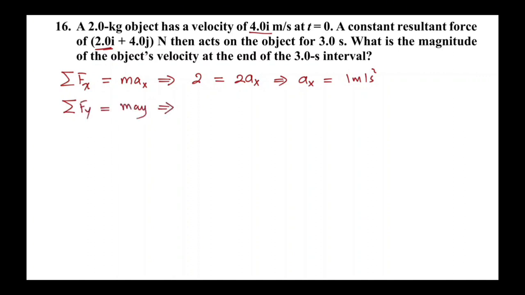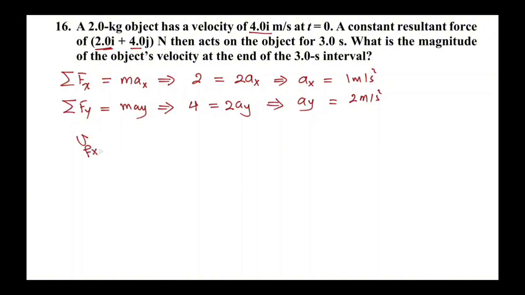In other words, Fy equal to 4 equal to 2ay, and ay in this case equal to 2 meter per second square. Now we calculated ax and ay. We can find the final velocities x and y using equations of motion.